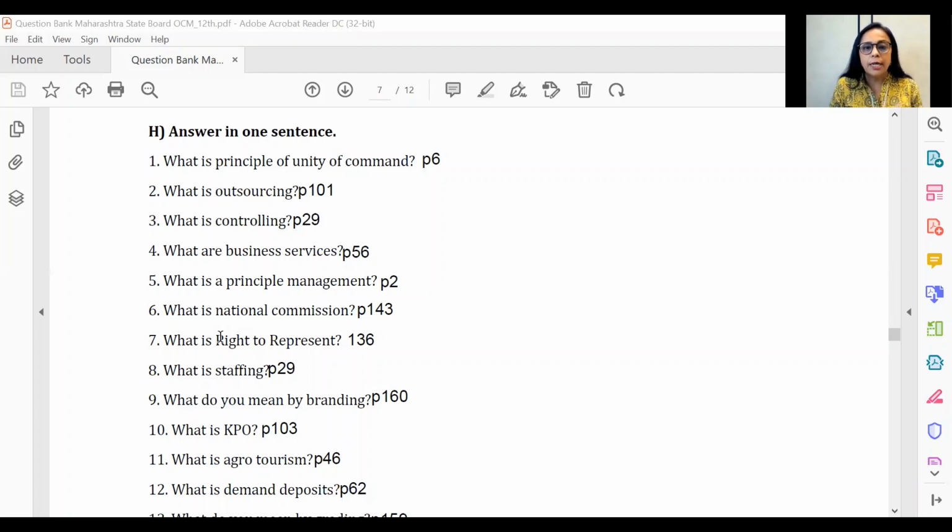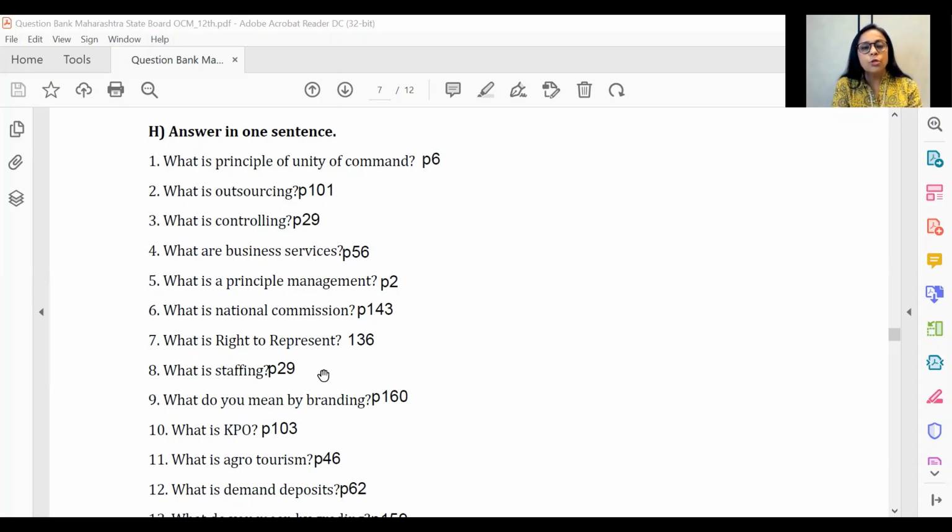I repeat, like I had told you all earlier, do not assume that everything in your question paper is from this question bank. This is simply a practice and absolutely no assurance that everything in the paper will be coming from this. So as you see here, they have given you a sample question of what is controlling or what is staffing.